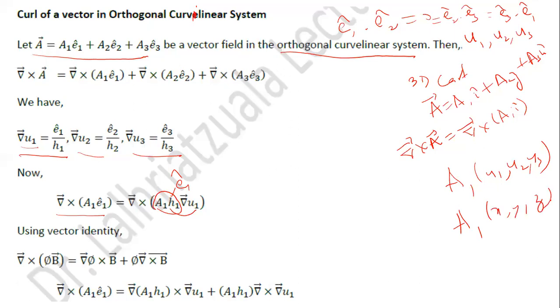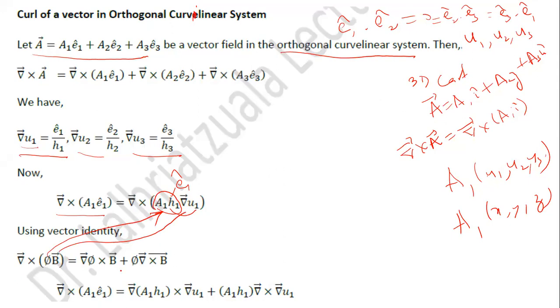But in the curvilinear coordinate system, A1 is a function of the coordinate variables u1, u2, and u3. So A1 is also scalar, h1 is also scalar. So these two together will form this scalar phi. And grad u1, this is a vector quantity. As you see, grad u1 is a vector quantity, having the u1 cap direction. So grad u1, you consider it as a vector b here. So this is a vector identity, which in the last class I asked you to prove.